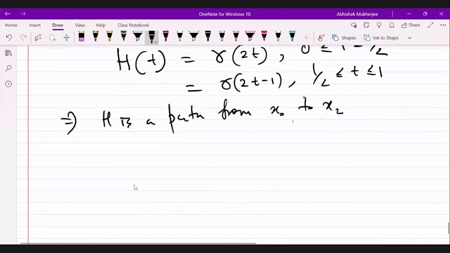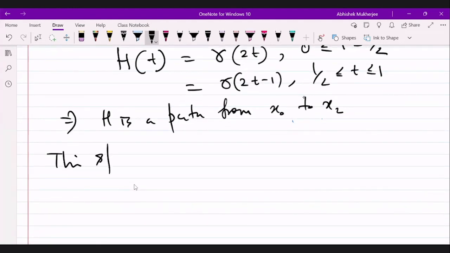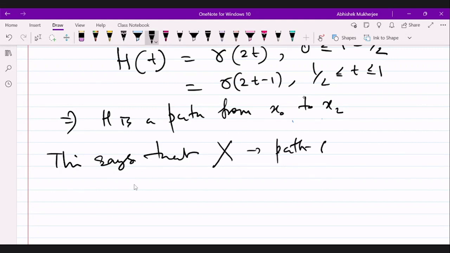So what does it say? That X is path connected. Okay. So that means any contractible space is path connected. Okay.